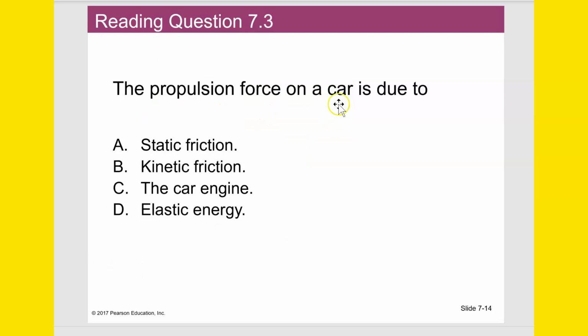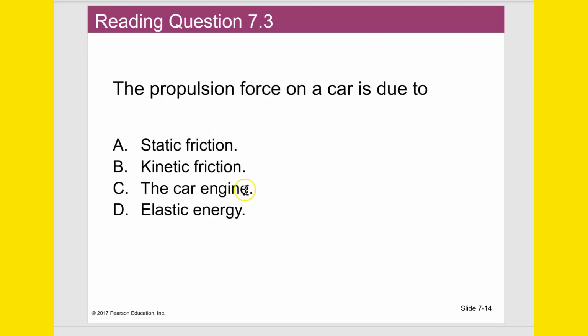The propulsion force on a car is due to what? In other words, what makes the car go forward? The car engine is right in an overall sense, but not in a physics free body diagram sense.